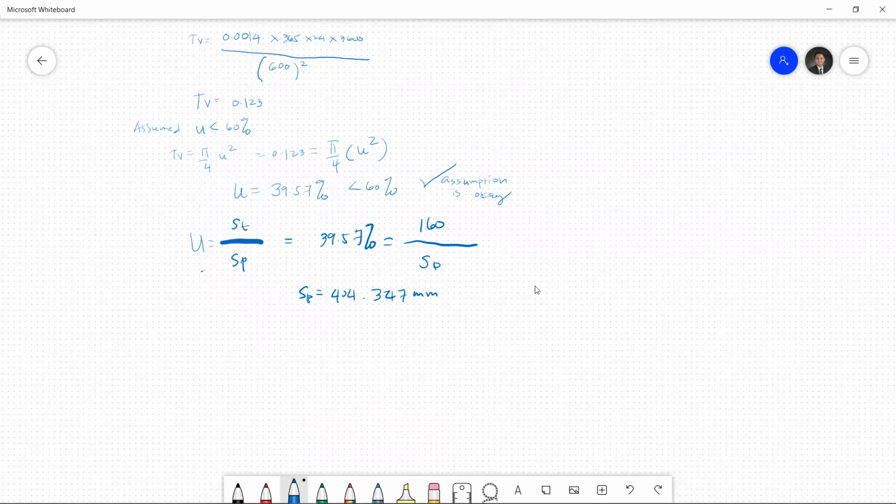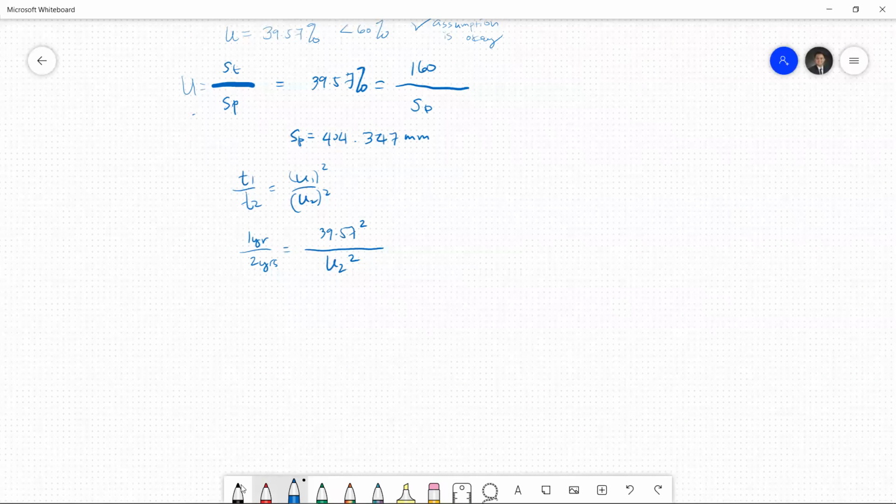If you recall the relationship of time 1, time 2, and degree of consolidation, that is T1 over T2 equals U1 over U2, squared. Since time 1 is 1 year and time 2 is 2 years, and the degree of consolidation at the first year is 39.57, U2 is equal to 55.96%.